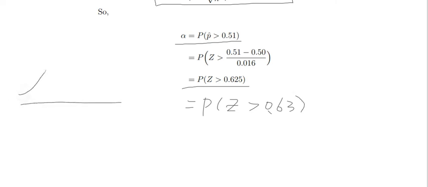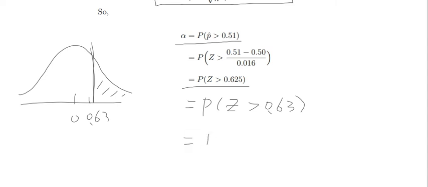So we check 0.63 for the standard normal, but we focus on this part of the probability, so we need 1 minus.